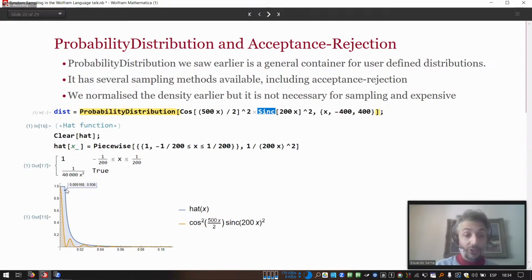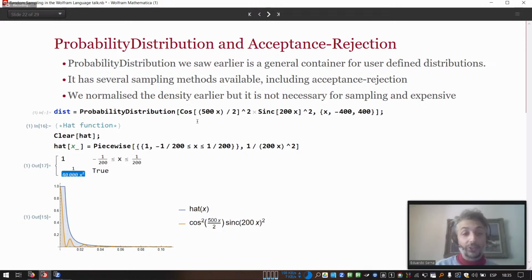And we can just truncate it here when it reaches close to 0, and have a uniform distribution here. And here's the piecewise. It's constant close to the origin, and it's 1 over x squared further out.